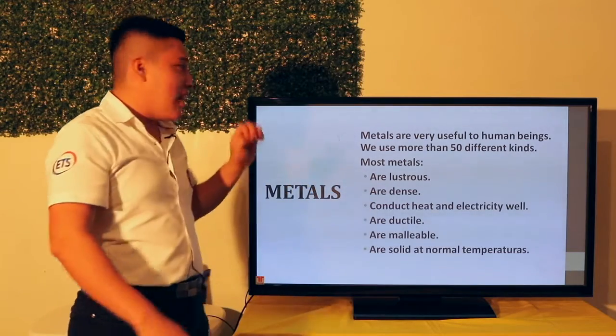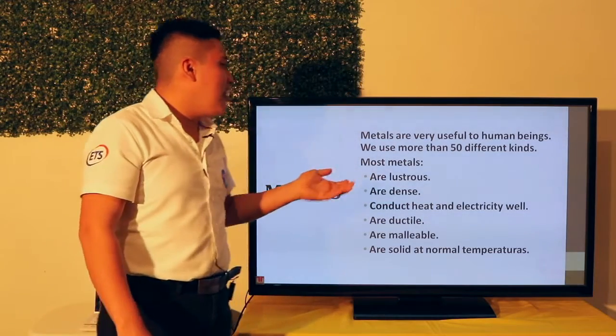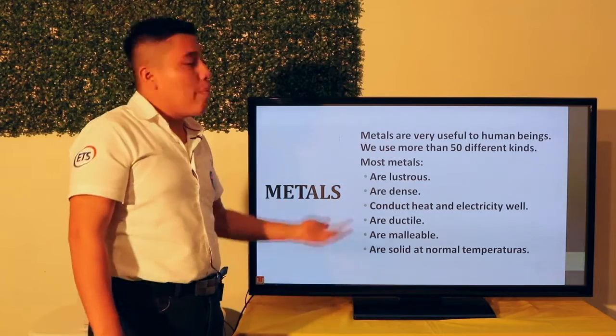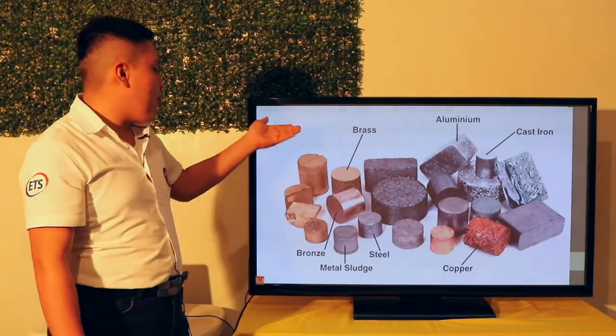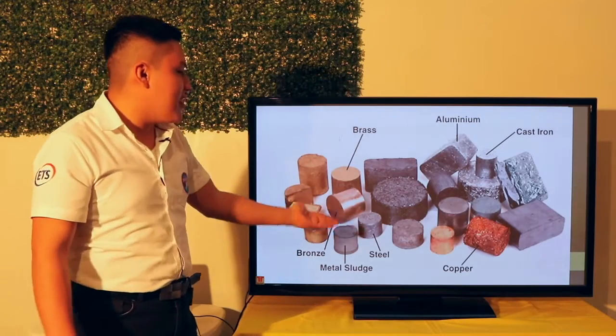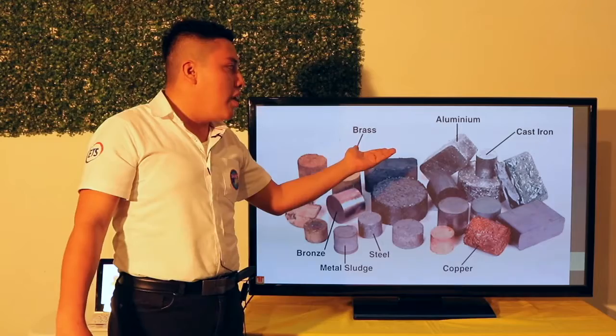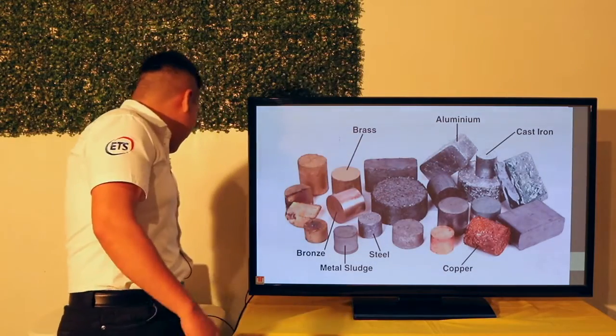Okay, so these are the description, the facts, or the properties of metals. Now let's see examples here. We have the brass, the bronze, the metal sludge, the steel, the copper, the aluminum, and the cast iron.